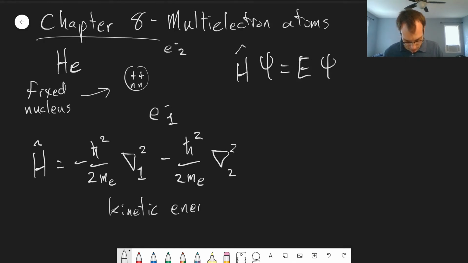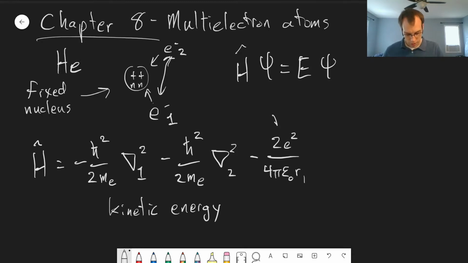And then we need to add the potential energy. We'll have the potential energy of the electrons being attracted to the nucleus, as well as the electrons repelling each other. So we'll have the attractive forces, which are these terms here, 2e squared over 4 pi epsilon naught r1.